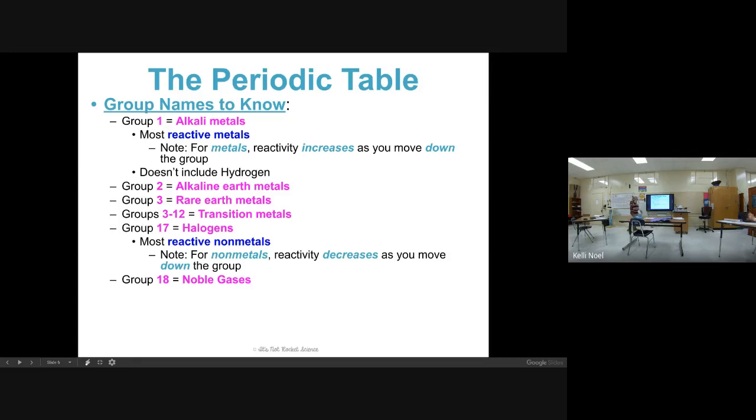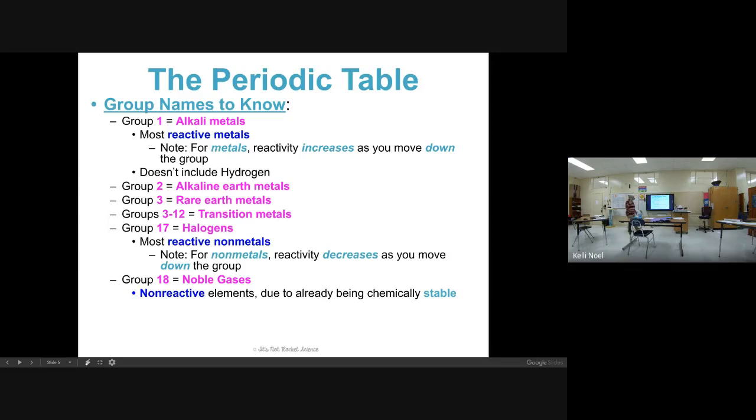Then we're going to skip to group 17 or 7A. It starts with fluorine, and that is your halogens group. So 7A is your halogens. These are your most reactive nonmetals.